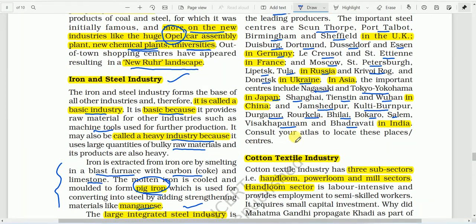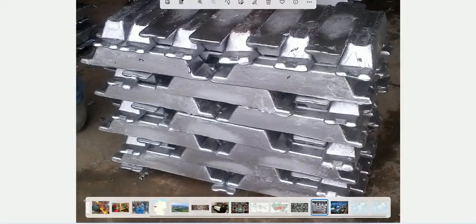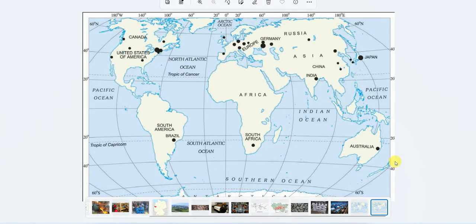So you may consult a lot to look at these places. But here, this map actually shows the distribution of these iron ore producing areas, since most of the traditional large scale manufacturing industries are located nearby the source of the raw materials.